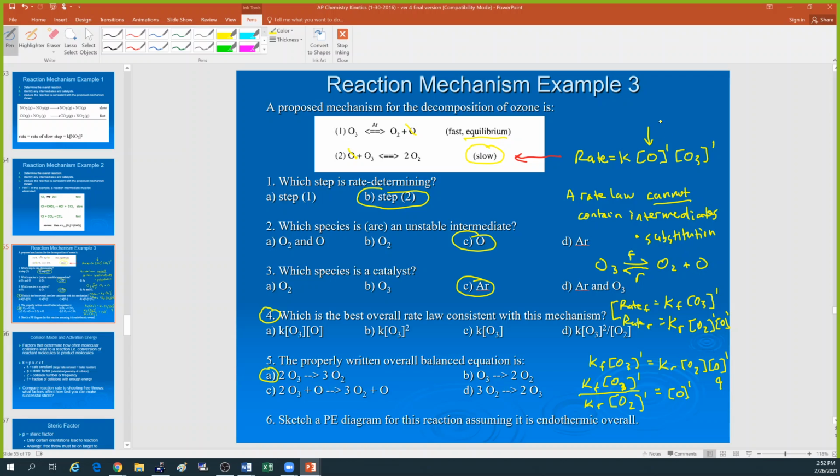The real key point is that in here, I can substitute the O3 over the O2.